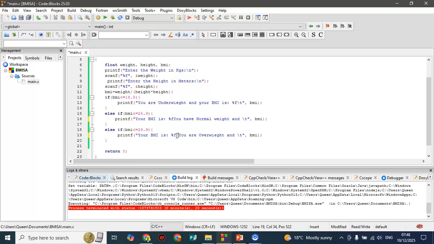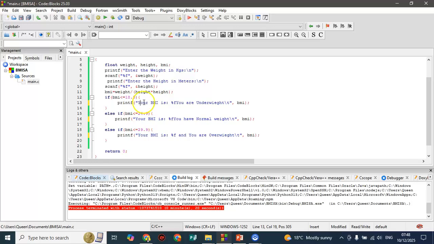Then you can say and you are overweight. Yeah, we cut this one here, and then we also remove this bit here. We chop off this, chopping it off. We put it at the beginning.